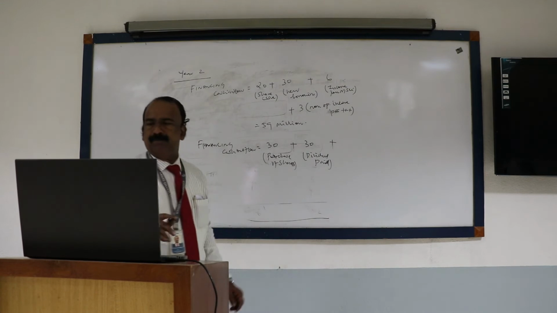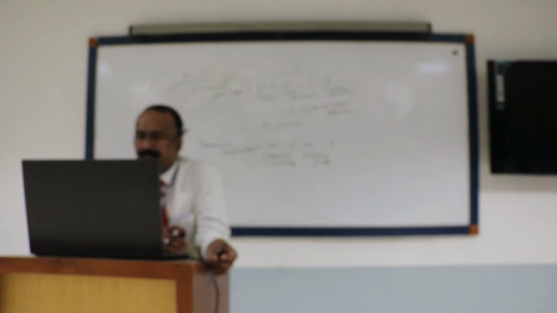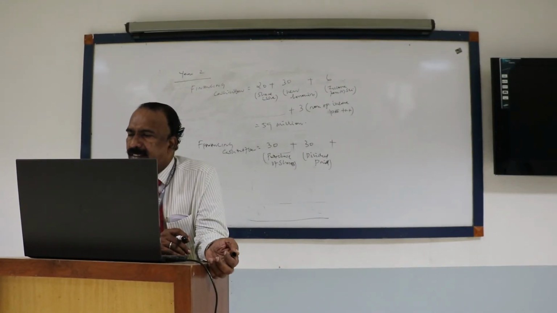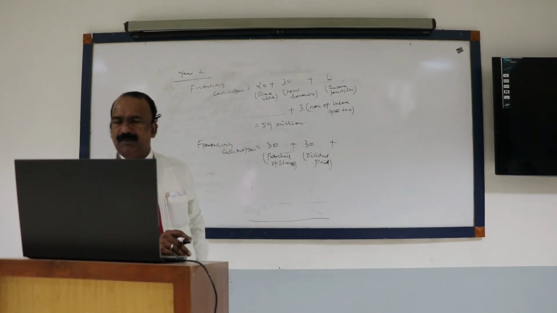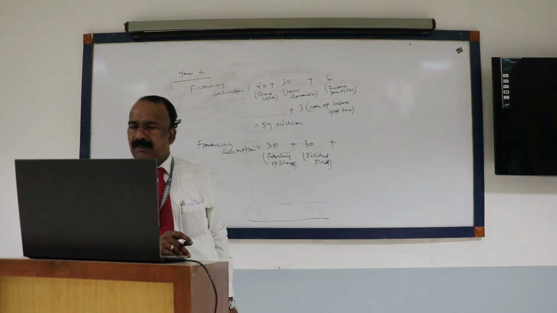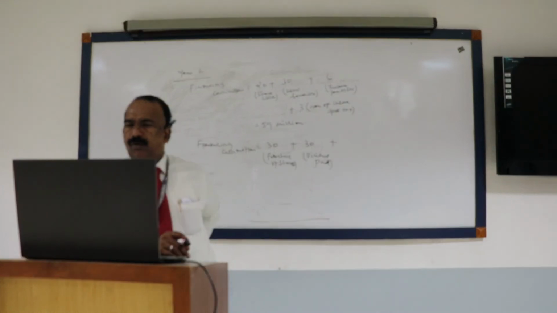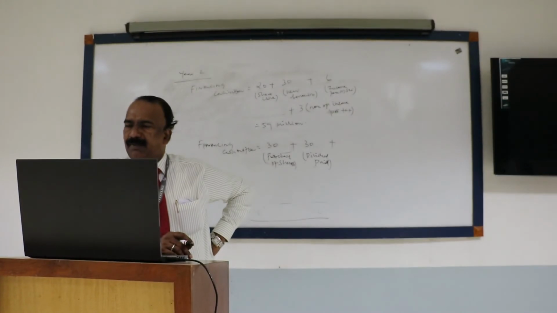Plus interest expense. Interest is paid, that is 24 minus 40%. 24 minus 40% of 24, how much comes? 14.4, sir.